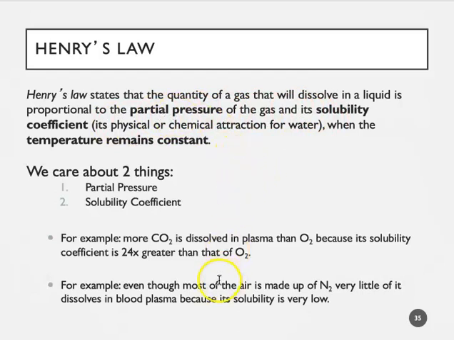As we saw, even though nitrogen makes up 79% of the atmospheric air, really none of it actually goes into solution. We do not have gas exchange of nitrogen occurring in alveoli because the solubility coefficient is so low. You have to greatly increase that pressure to force it to go into solution.